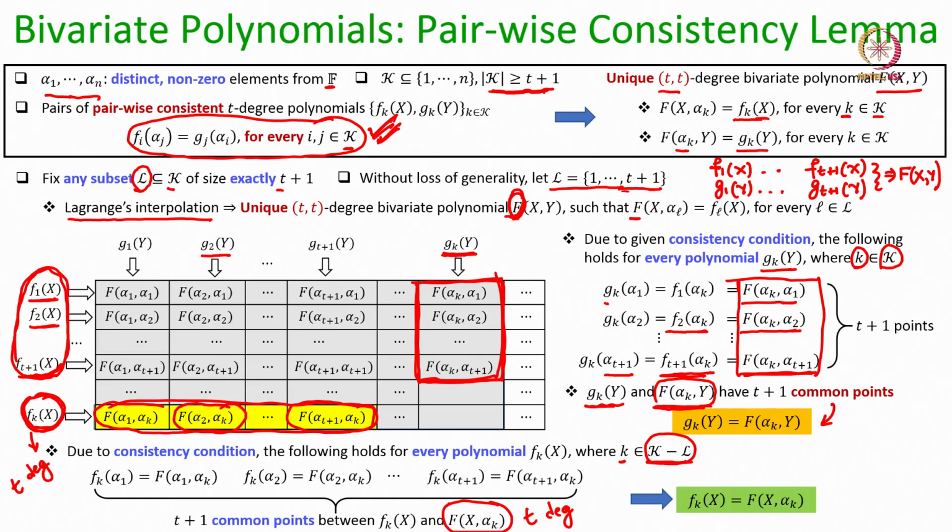So, all in all, what we have shown is that all these pairwise consistent x and y univariate polynomials lie on a single bivariate polynomial of degree t. We do not care what exactly is the constant term of that bivariate polynomial. What we have shown is that if they are pairwise consistent and we have at least t plus 1 such pairs of pairwise consistent univariate polynomials, then they lie on a unique bivariate polynomial.